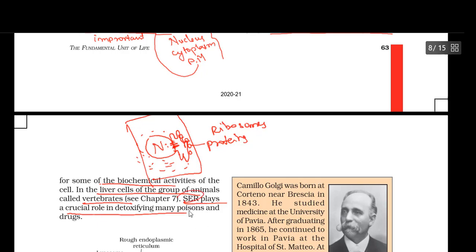And smooth endoplasmic reticulum is going to play a very important role in detoxifying many poisonous substances and drugs. Detoxifying means they are going to remove the toxicity or poison from the cell or the body.